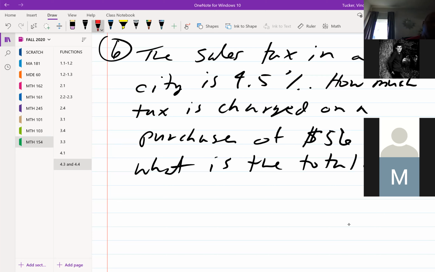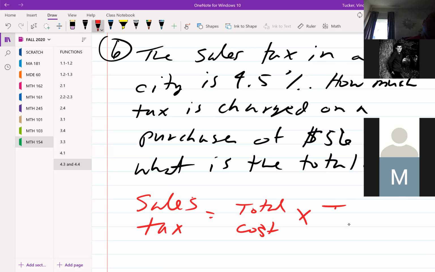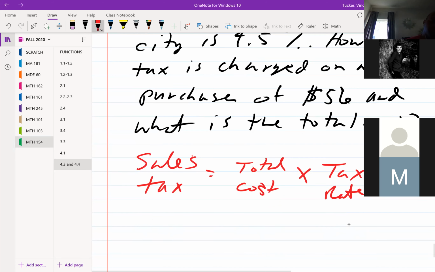Take your total cost. Sales tax is going to be your total cost times your tax rate. So there's 56 times 4.5%.